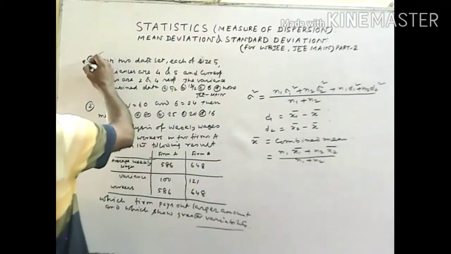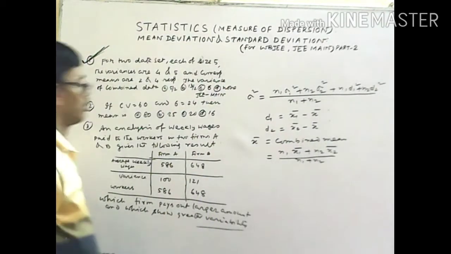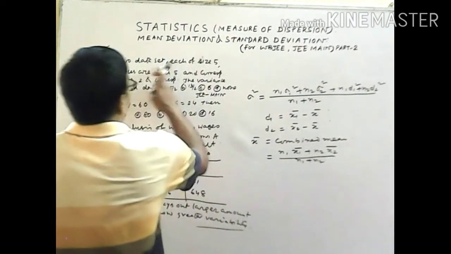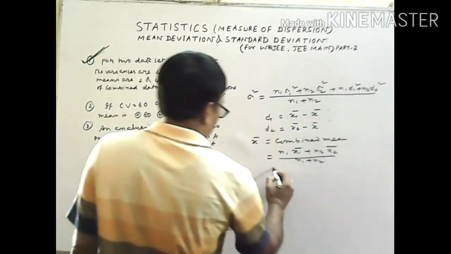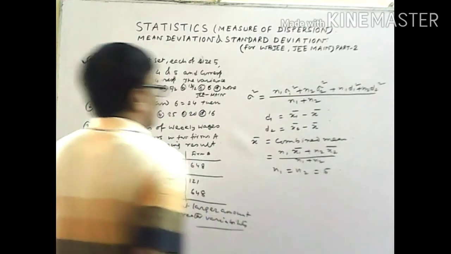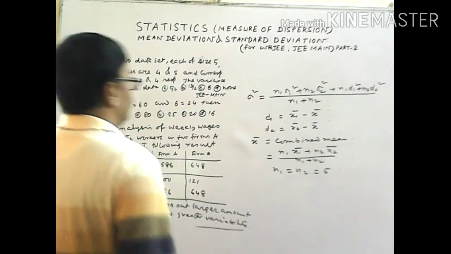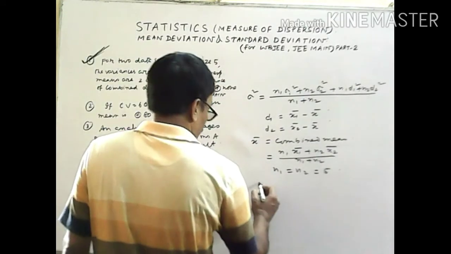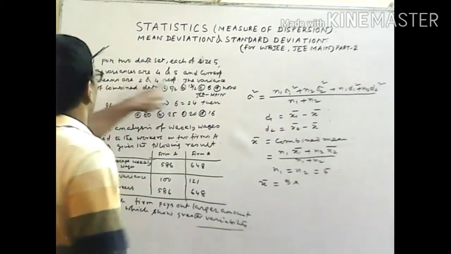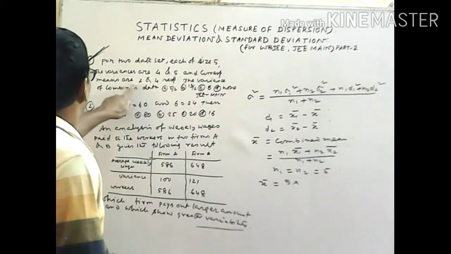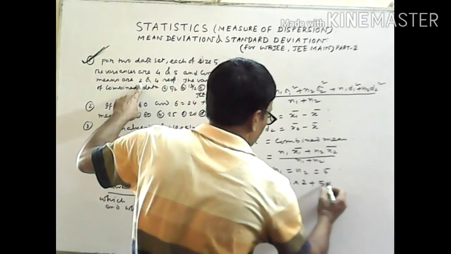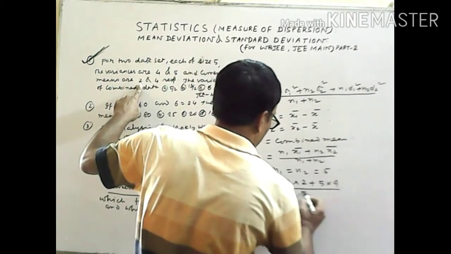So this is a probable question. Look here, two sets, each of size 5, so N1 equals N2 equals 5. So what is x bar? 5 into 2, plus 5 into 4, by 5 plus 5.